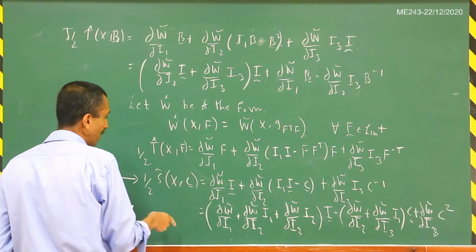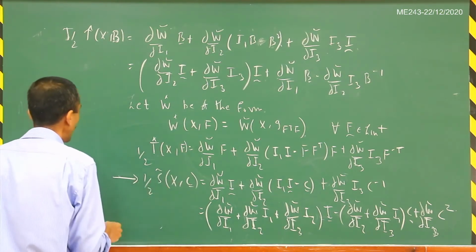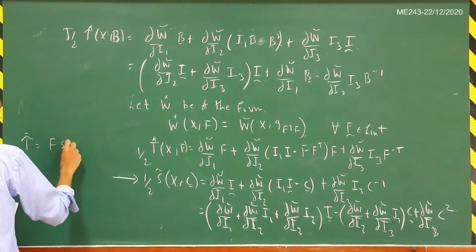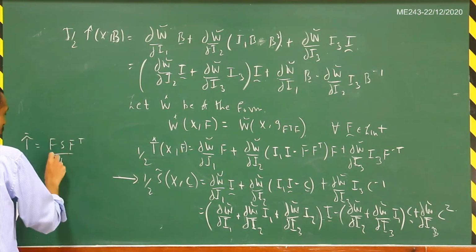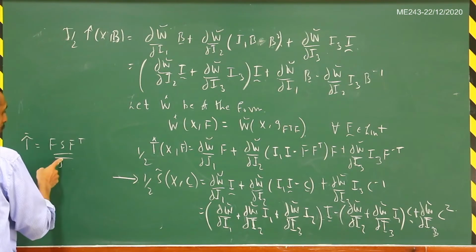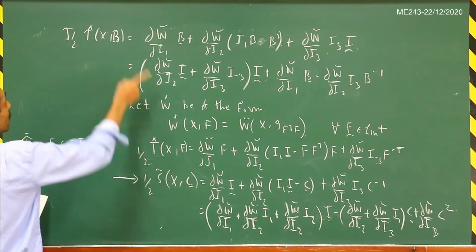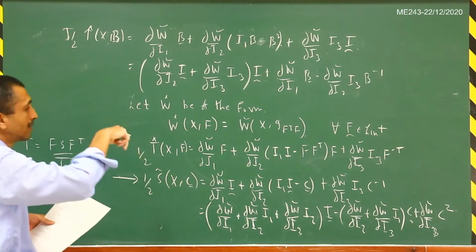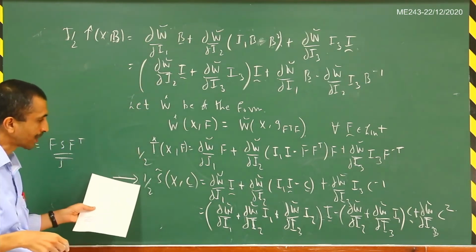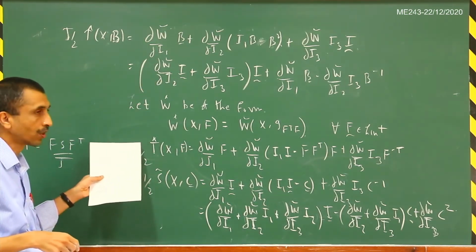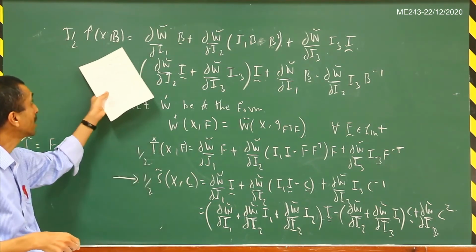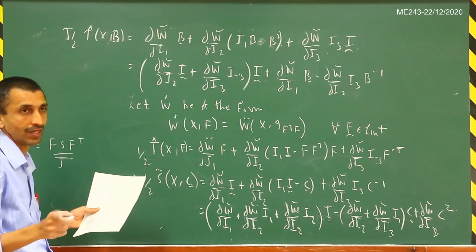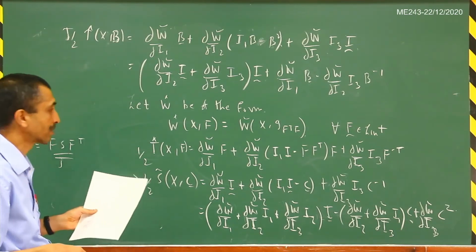And then similarly, you will use that tau is equal to F S F transpose divided by J. So if you use this relation, then from it you will also get this particular relation. So once I prove this particular relation, then the relations for the first Piola-Kirchhoff stress and the Cauchy stress will just follow from the relations between the three types of stresses.